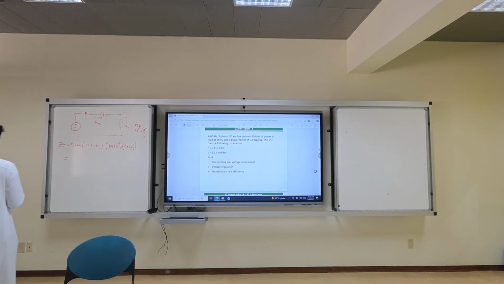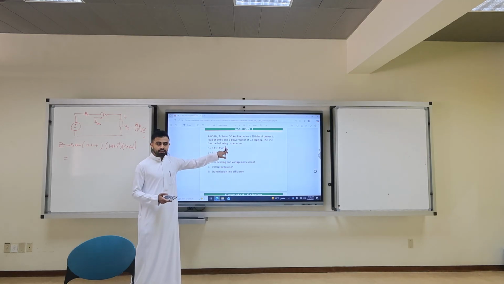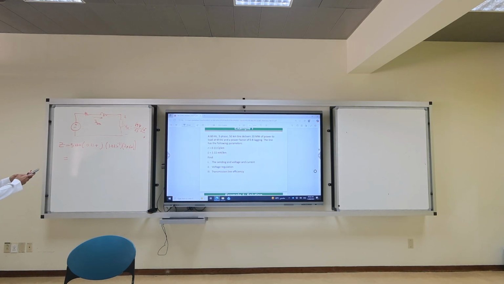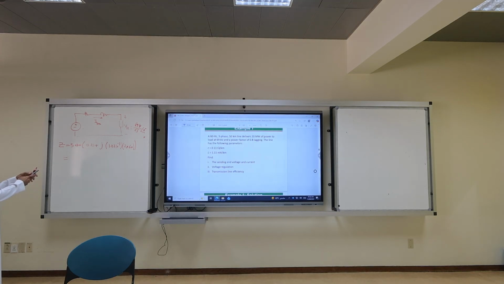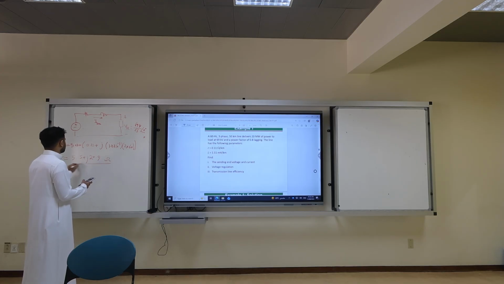Don't multiply by 1,000, the unit of r is per kilometer. So 0.11 plus j times 1.11 milli times 2 pi times 60. So it is 5.5 plus j 20.9 ohm.